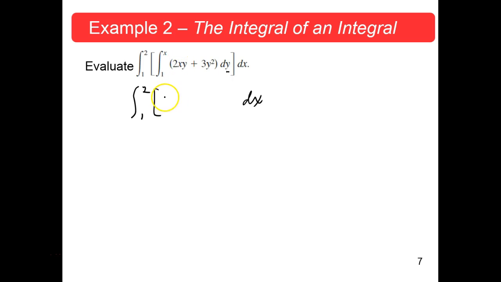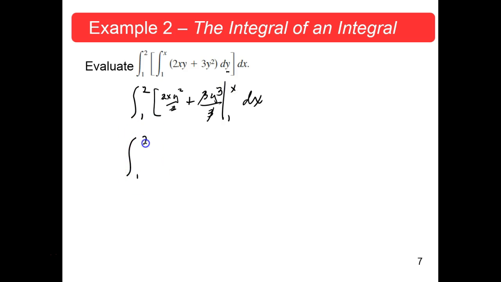That gives 2x y squared over 2, which is xy squared, plus three y cubed over 3, so those go away. You evaluate that from 1 to x, which we already did, but let's do it again just for fun.